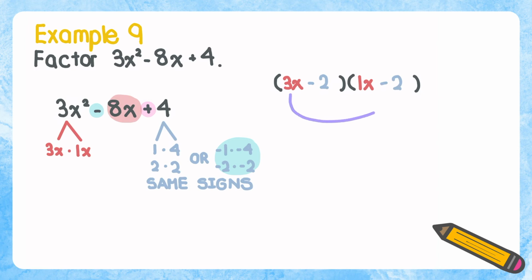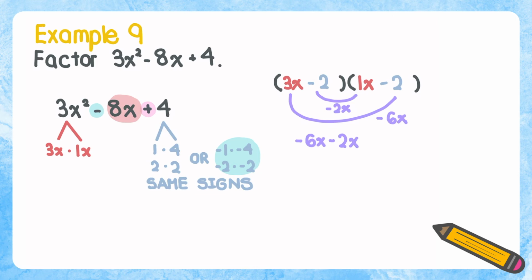Okay, so I'm going to multiply the two outside terms and the two inside terms. So remember there is a negative, so 3x times negative 2 is negative 6x, and negative 2 times 1x is negative 2x. So we're going to combine the like terms.